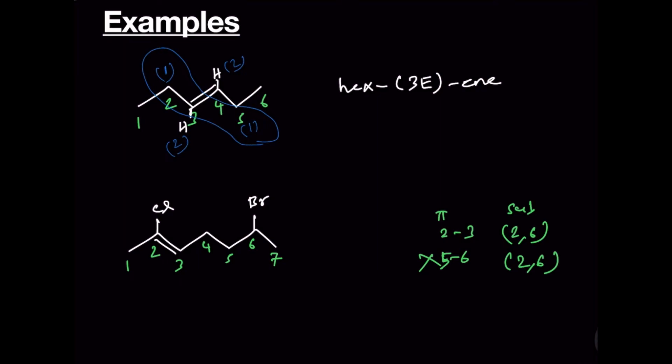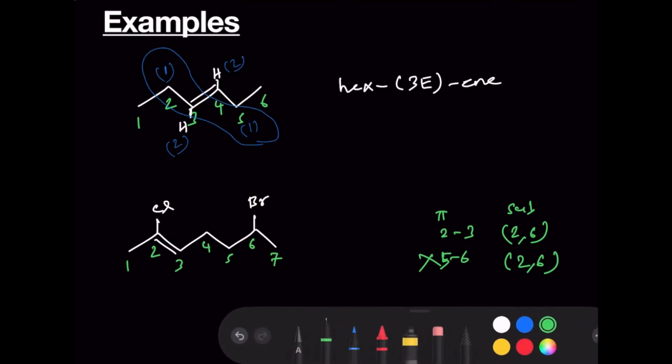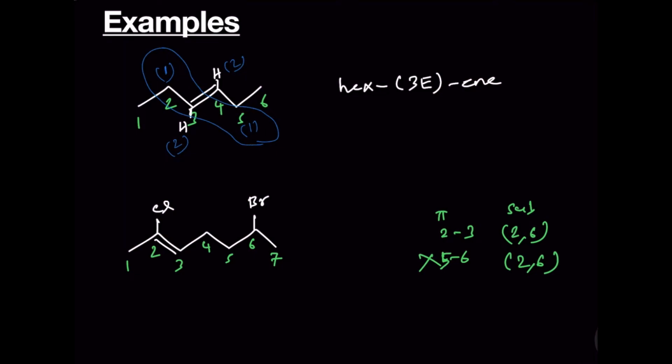So the correct IUPAC name for this molecule is 6-bromo. We still have to follow the alphabetical order. 2-chloro, 7 carbon atoms are there, so hept. Now we have to see whether stereoisomerism is there or not.